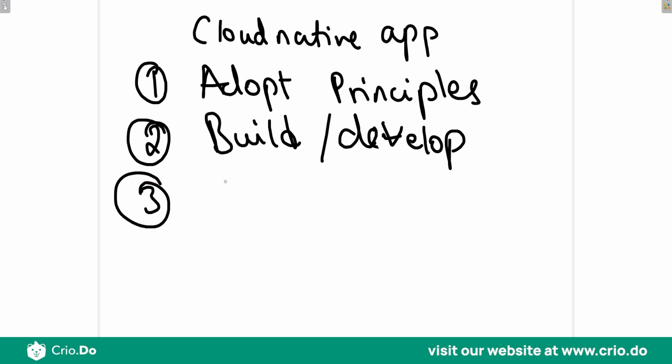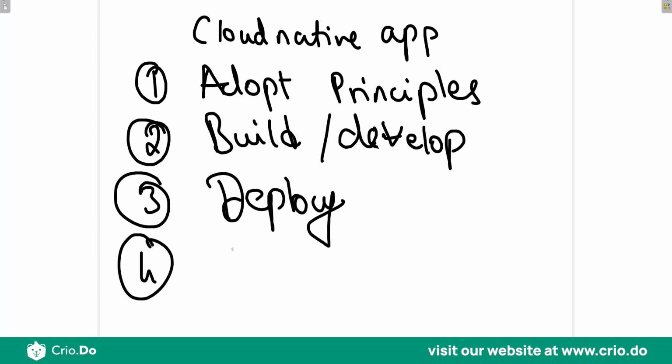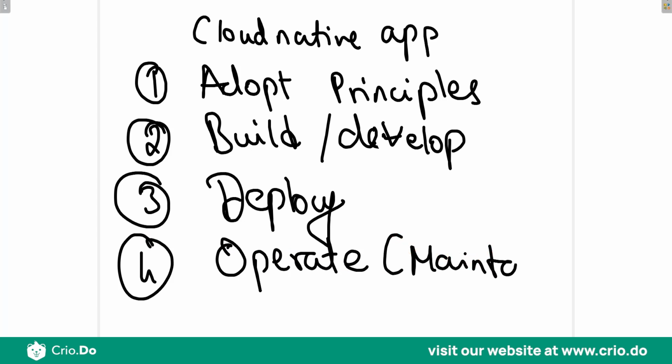The third is you deploy the application. And the final step is you operate, or rather you maintain it. So these are the 4 major steps on how you create a cloud native application.